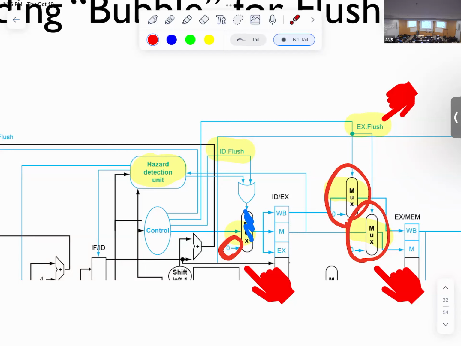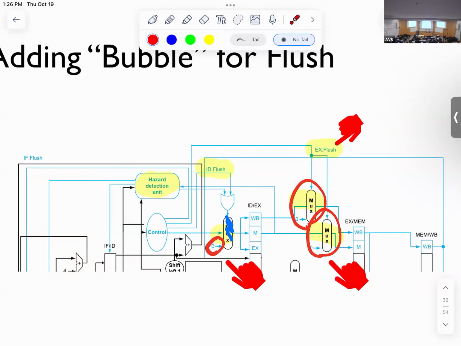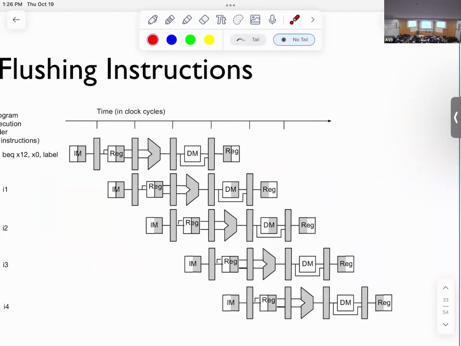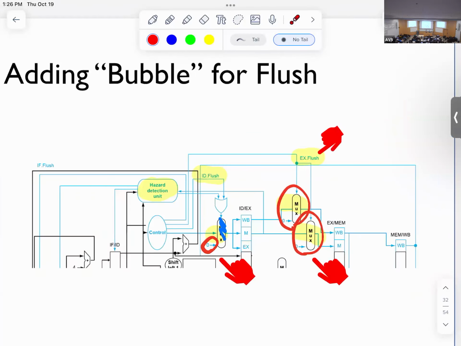And how do we know that? We check the opcode, we find that this is a branch instruction, so we do this. But there are also other things that I need to add. Later on, I'll show you the full data path with everything, and you'll see how this controller makes a decision.